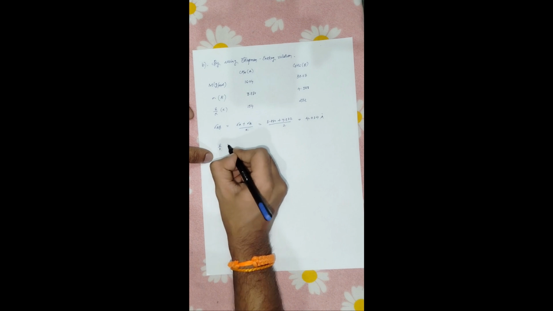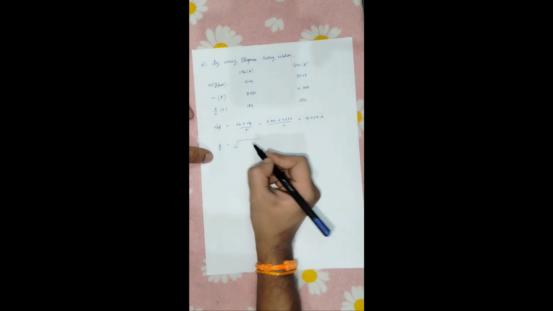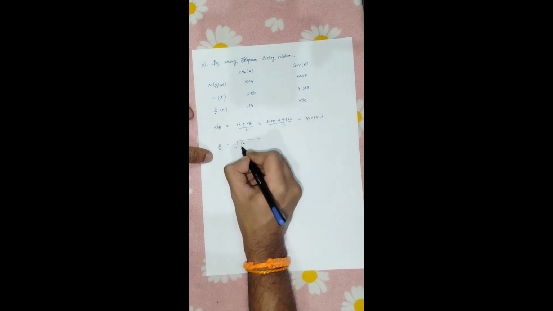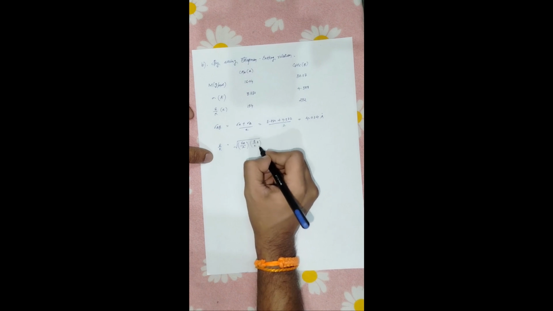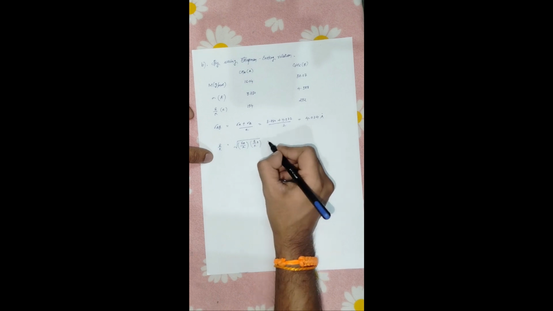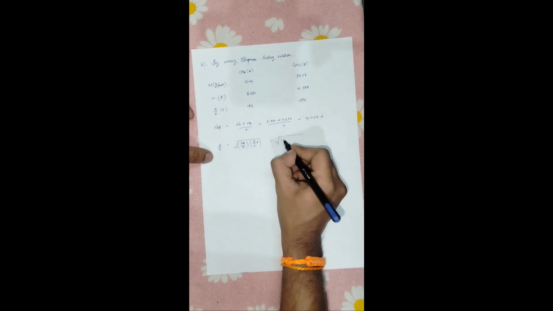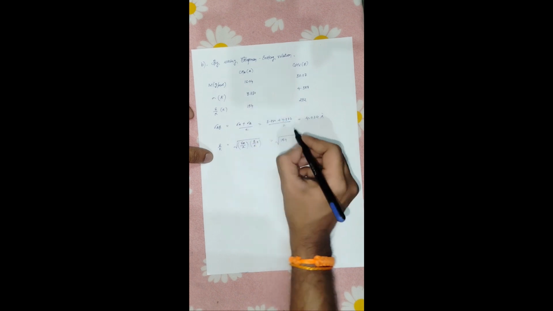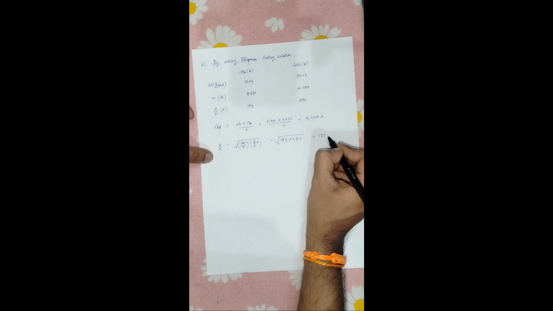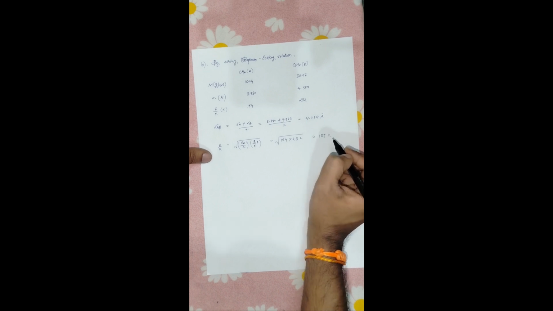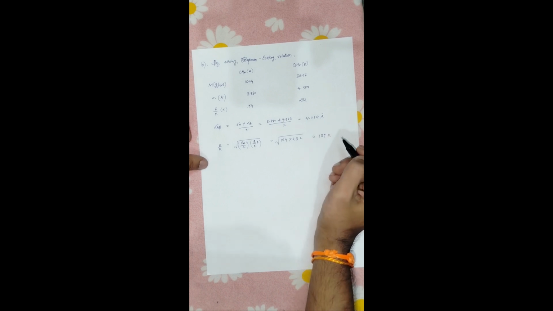So epsilon by k for the system becomes the square root of epsilon by k of component A into epsilon by k of component B, 154 here and 232. So the value comes out to be 189 Kelvin.